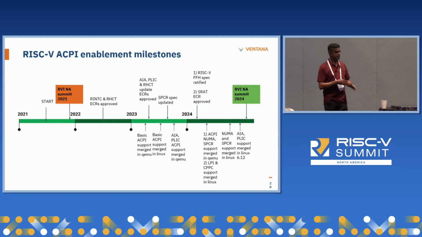As soon as the ACPI specifications were approved by the forum, we upstreamed all the patches, both in QEMU as well as Linux. You can see the different milestones where we submitted patches and upstreamed. And the 6.12 Linux kernel is going to have all the support required for ACPI.